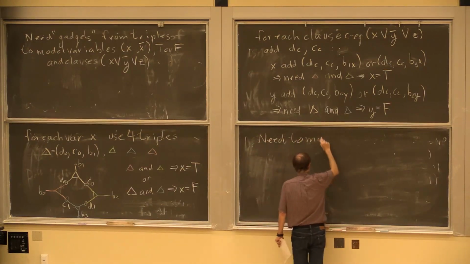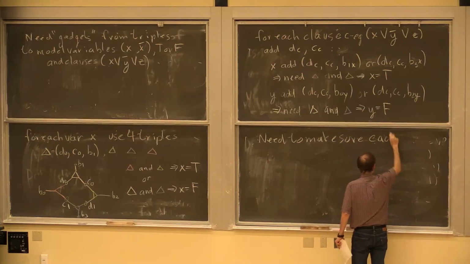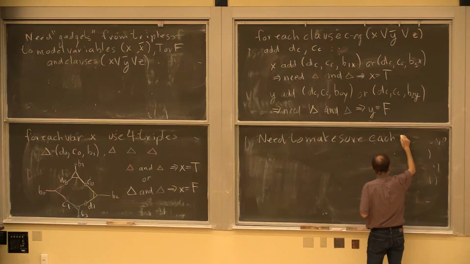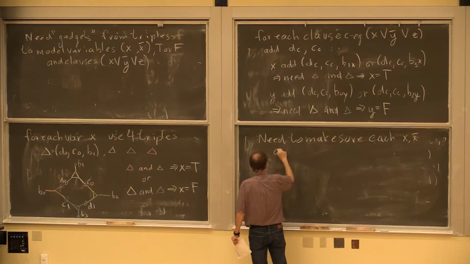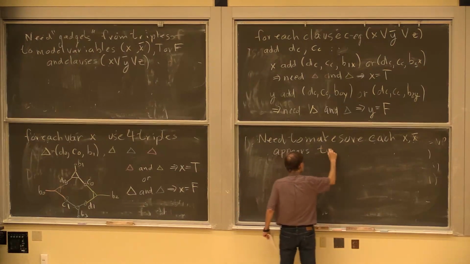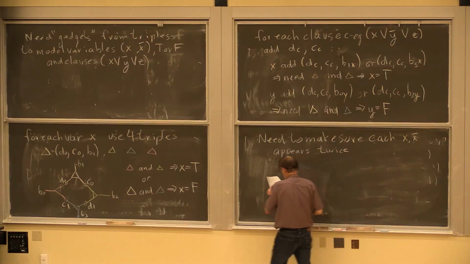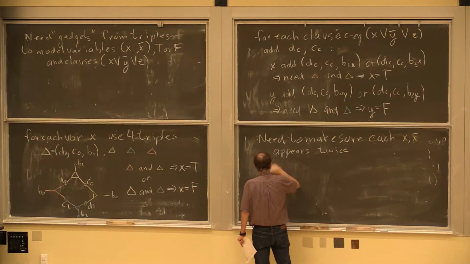So I need to make sure each variable, let's say x, appears exactly twice. So the first case is if it appears more than twice.